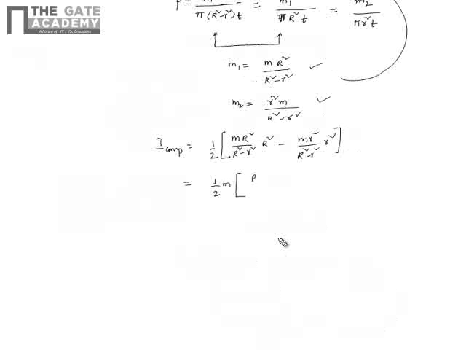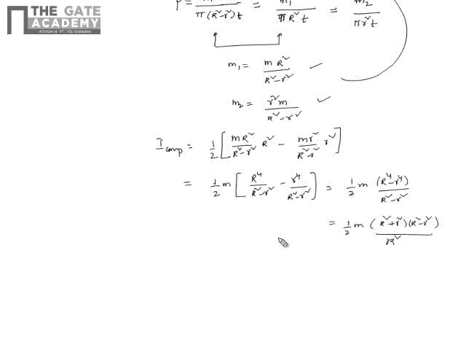What I get is R power 4 by R square minus small r square minus r power 4 by R square minus small r square. So this will become half m times R power 4 minus r power 4 by R square minus r square. The numerator, a square minus b square, I can write as a square plus b square into a square minus b square, and in the denominator I have a similar term. So this will become half m times R square plus r square.